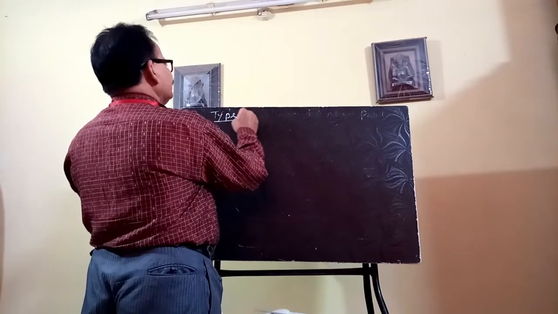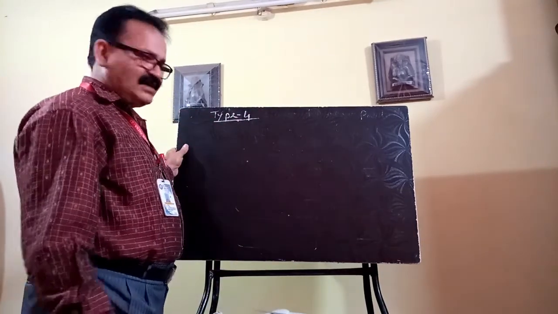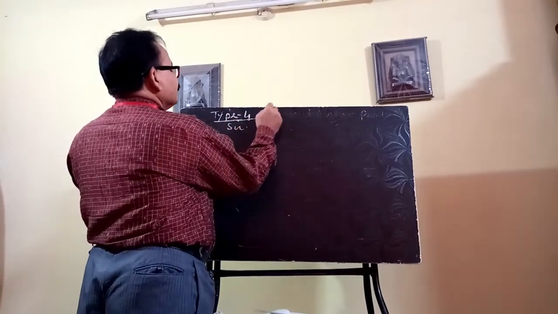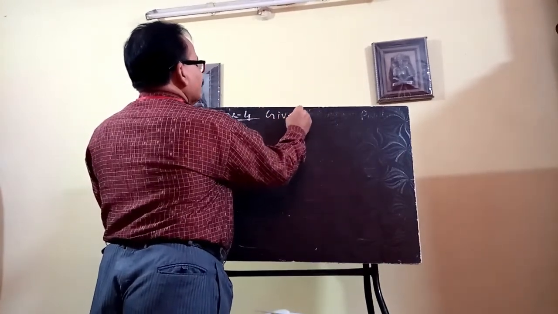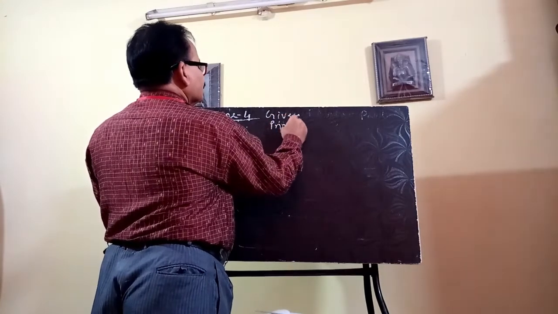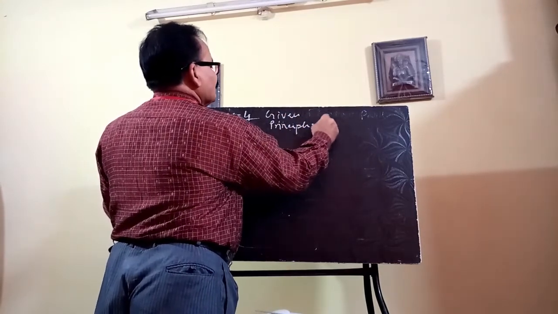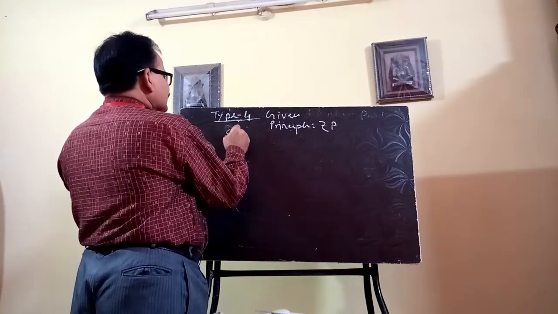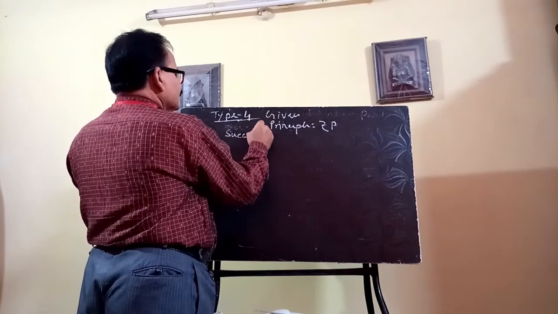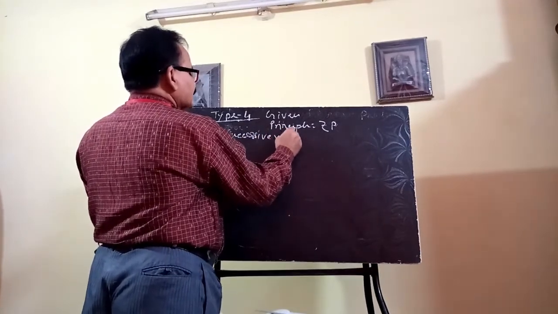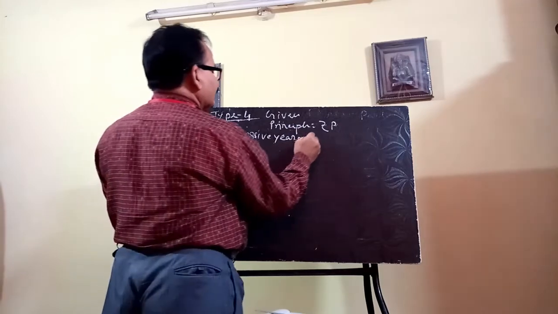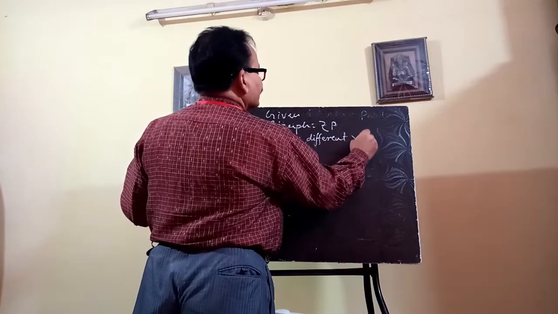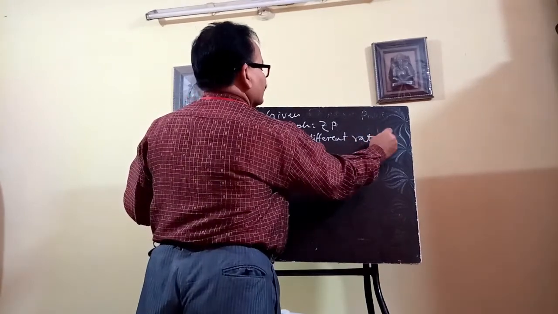In case of type 4, here successive, first part is your given, principal is given. Principal is rupees P, successive years, different rate percent.